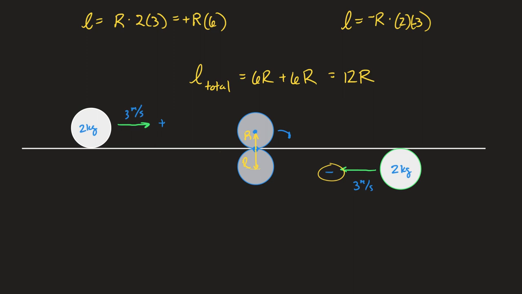The system is now rotating. So we have this combined system that has a total angular momentum of 12r. And now what I'd like to know is, what is the angular speed of this rotation? Well, to do that, this is where it gets a little tricky.